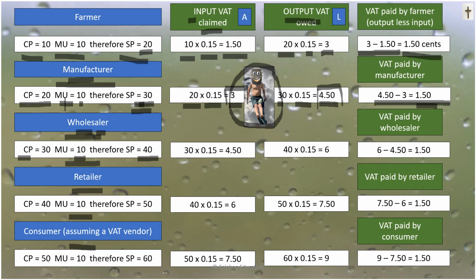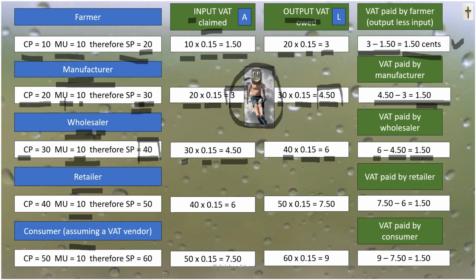We calculate input VAT, 30 multiplied by 15% is R4.50. We take the selling price excluding VAT, multiply by 15%, and that is equal to 6. We then say output VAT minus input VAT of the wholesaler is R1.50, and that's paid over to SARS.